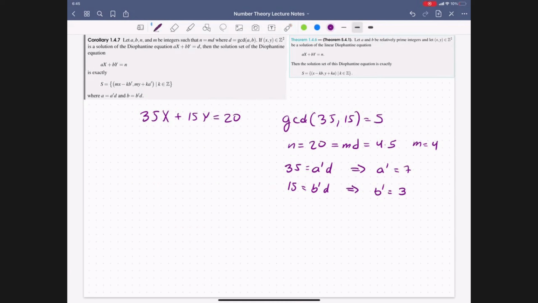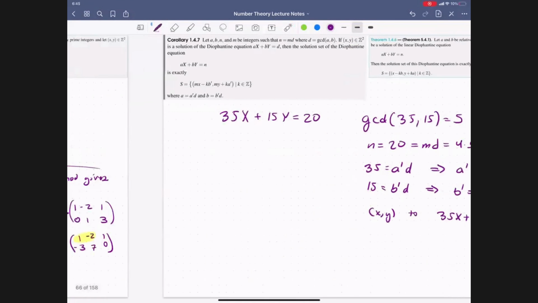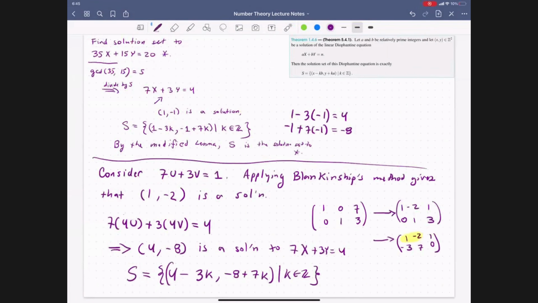So we want a solution x comma y to 35x plus 15y equals 5. If we divide by 5, we know that in this situation 1 comma negative 2 is a solution.